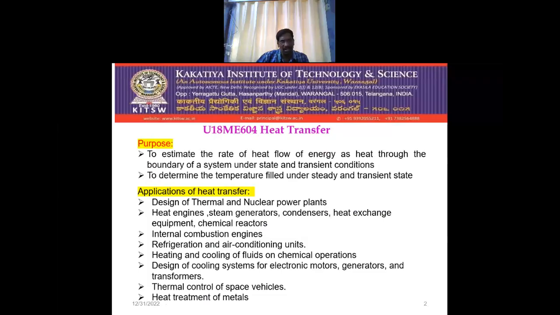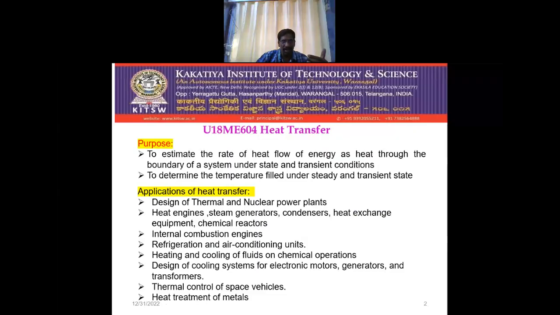What do you mean by steady state condition? We will see more about this in a future class. The steady state condition is nothing but there is no change in temperature with respect to time. Whereas the heat treatment of metals is to be studied in unsteady state condition because the heat transfer takes place rapidly.